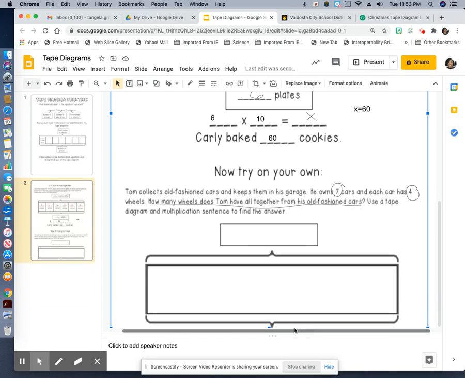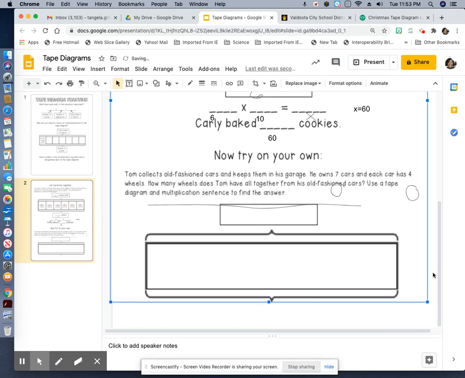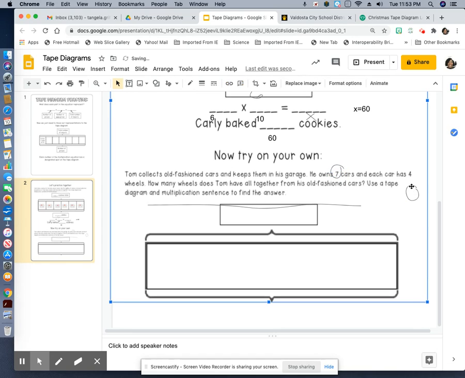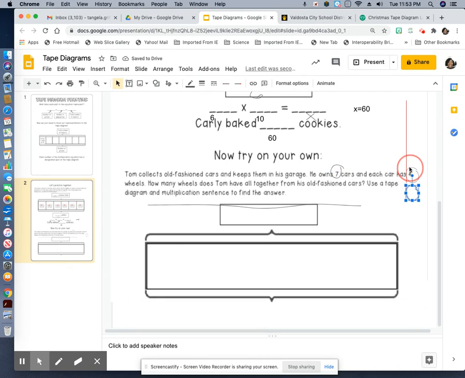Let's see if we can add something. Okay, let's move these up. So that was the 7 cars, and then the 4 wheels in each one.